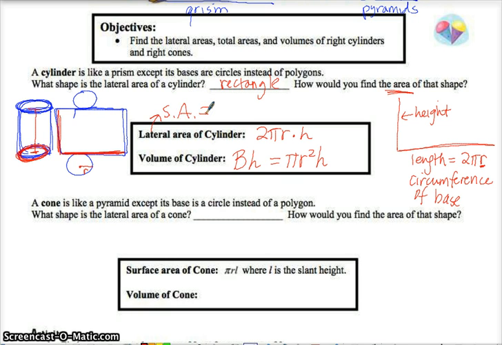The surface area, SA, of a cylinder would be your lateral area, which is the rectangle, plus 2 bases, so that's 2 circles, the top and the bottom. So that's why I multiplied 2 times pi r squared, and there's my 2 bases. So this is my surface area for a cylinder.